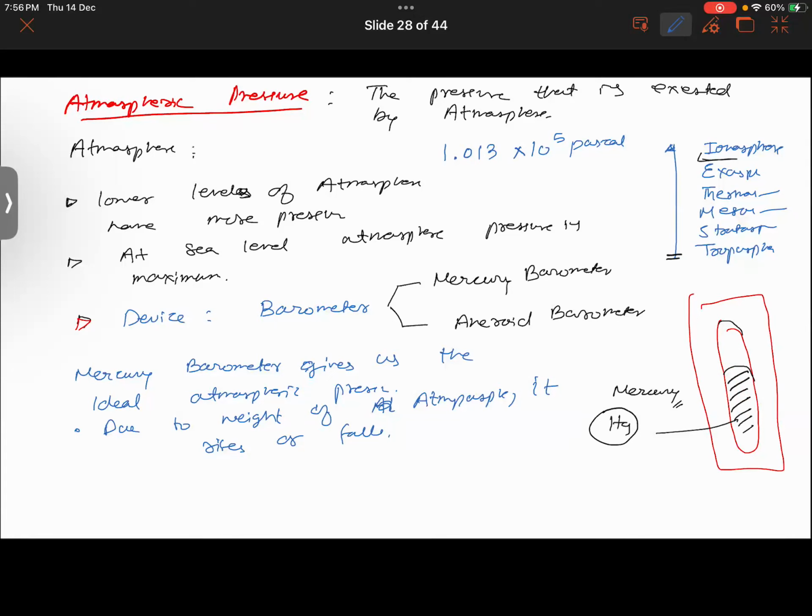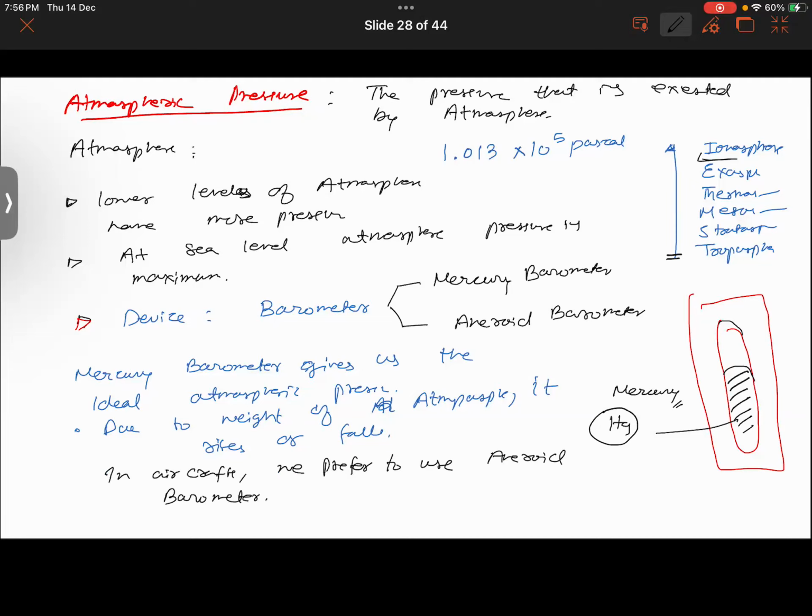Here we do not use any liquid. So in aircraft we prefer to use the aneroid barometer. Hope that is clear.